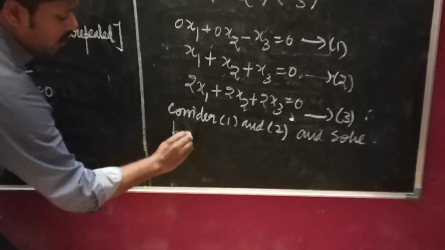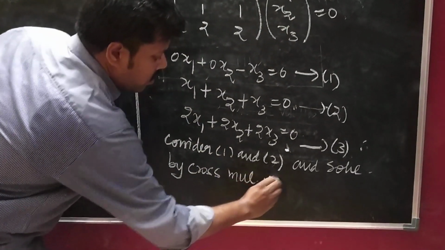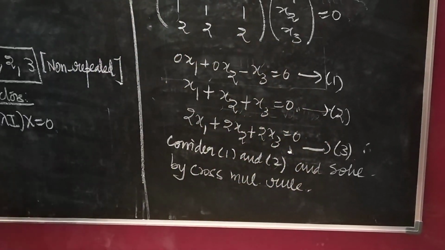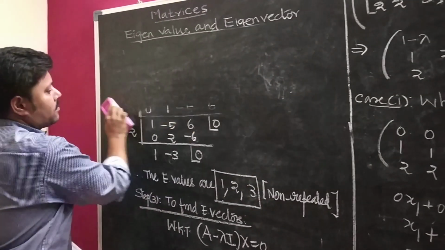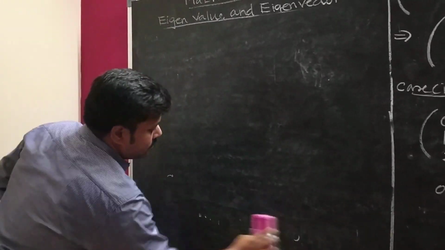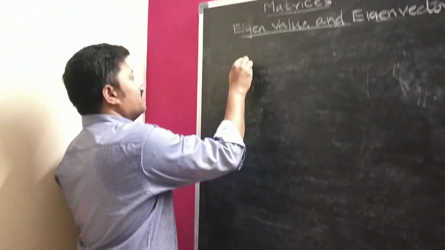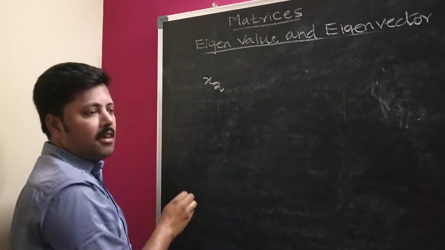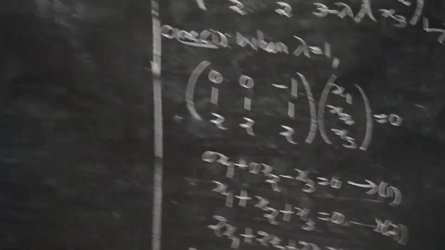Solve by the cross multiplication rule. So start with x2, end with x2. Here we have three variables, x1, x2, x3, right?